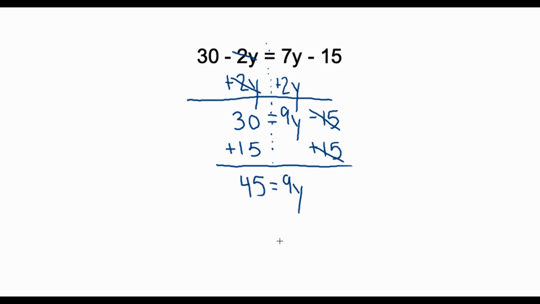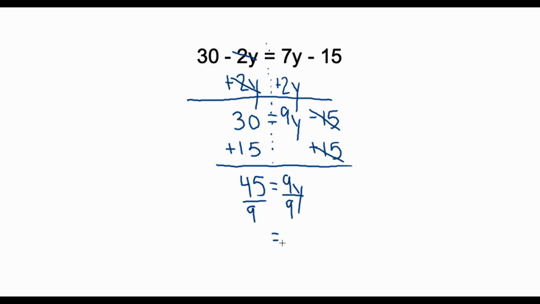Okay, we're almost there. We have to remove the coefficient next to the y, because remember, the goal is to isolate the variable, meaning leave the variable all alone. When that happens, you will figure out the value of the variable. So here we have to remove the 9, and since the 9 is multiplying the y, we have to divide both sides by 9.